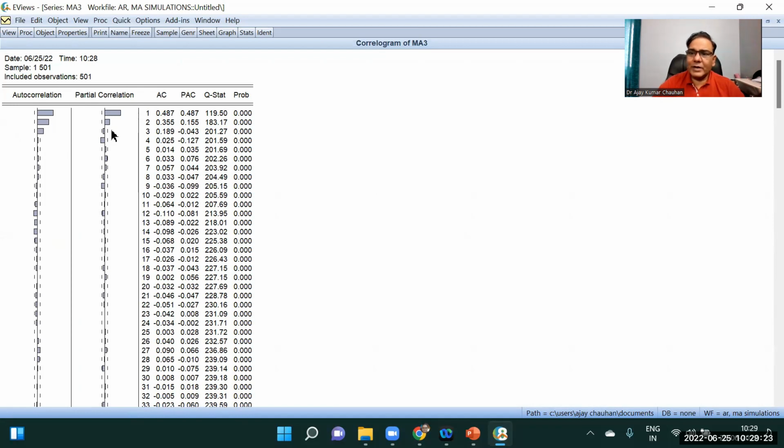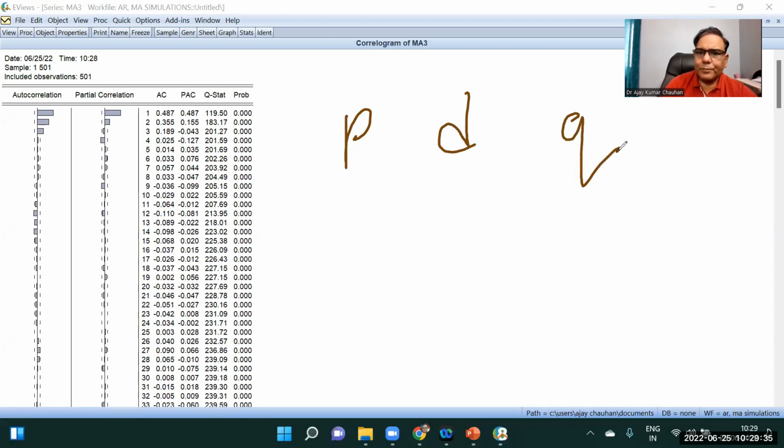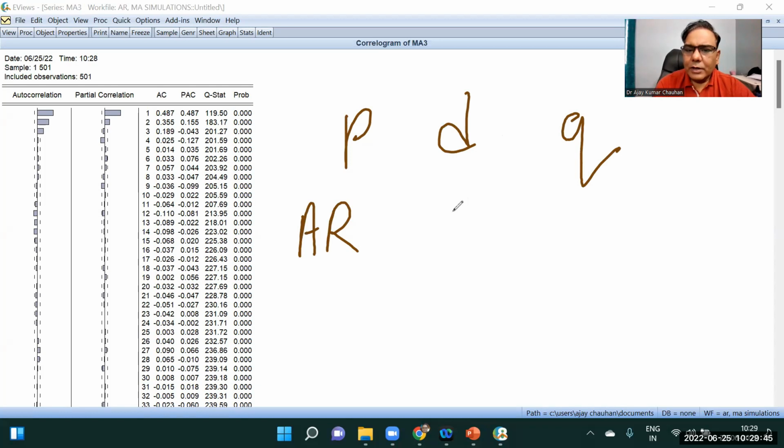So ARIMA forecasting is also represented by the term called PDQ. P means how many AR terms you are going to include in the series. D is always 0. It is assumed to be 0 because D means no differencing should be required to make it stationary.